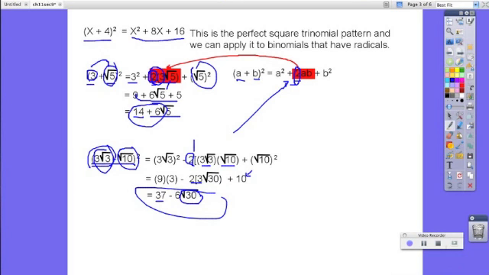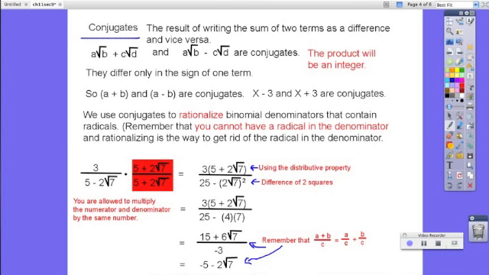Conjugates. Conjugates are the result of writing the sum of two terms as a difference, and vice versa. For example, a plus square root of b plus c square root of d, and a plus square root of b minus c square root of d, are called conjugates.